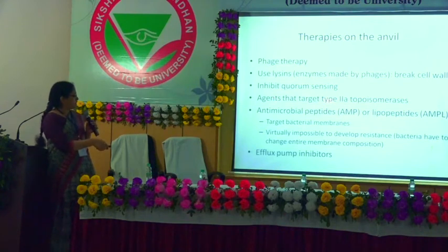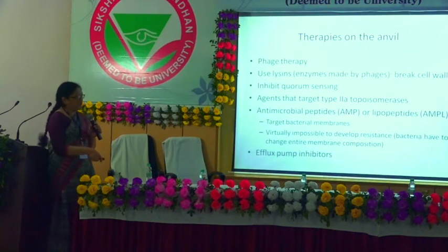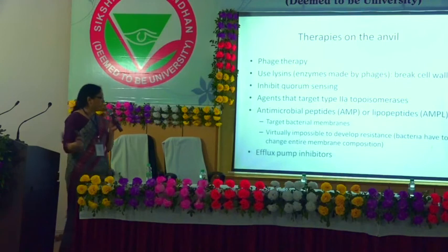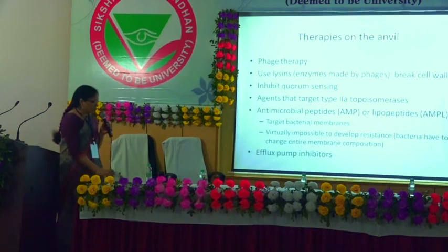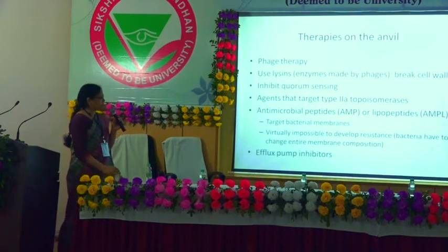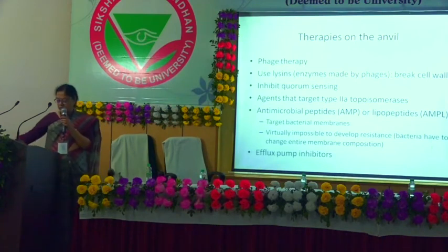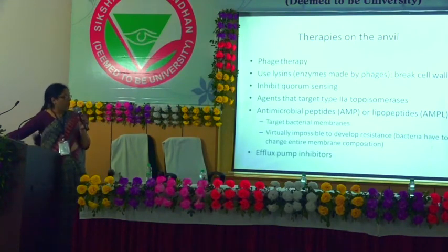And these are targeting the nucleic acid synthesis, topoisomerases, target antimicrobial peptides, and come up with efflux pump inhibitors. We were hearing a lot about efflux pumps. So there's a huge list of some 19 substances which are being tried, but don't know whether they will work or not, just like many antibiotics come and go.